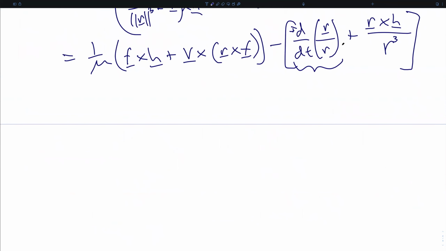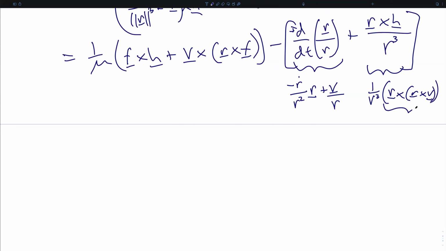Applying the quotient rule to this term, we get negative r dot over norm r squared in the r direction plus 1 over r in the v direction. And this term over here is 1 over norm r cubed times another vector triple cross product of r cross v. This triple cross product works out to r dot v in the r direction minus r dot r in the v direction.